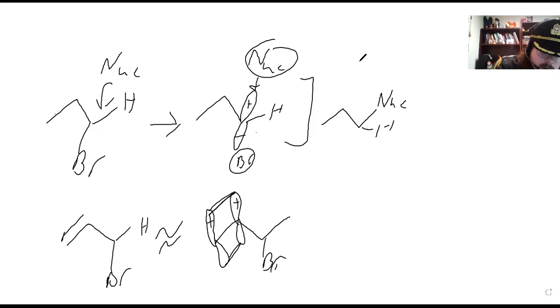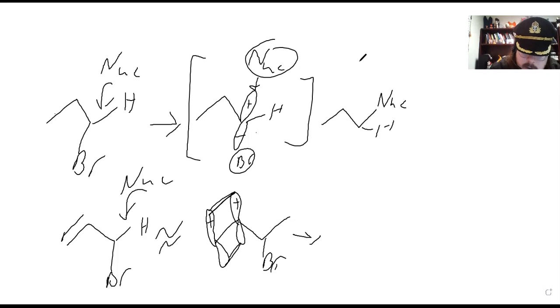So when the nucleophile comes in and adopts that transition state, this is going to be much lower energy because we already have these p orbitals.